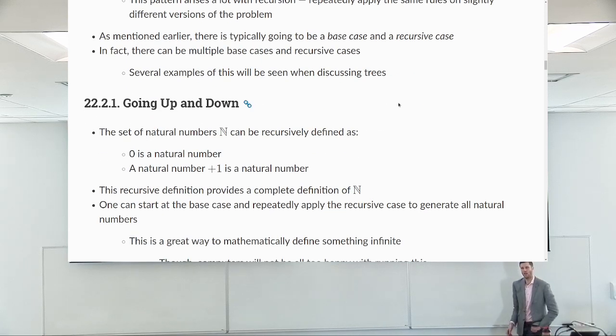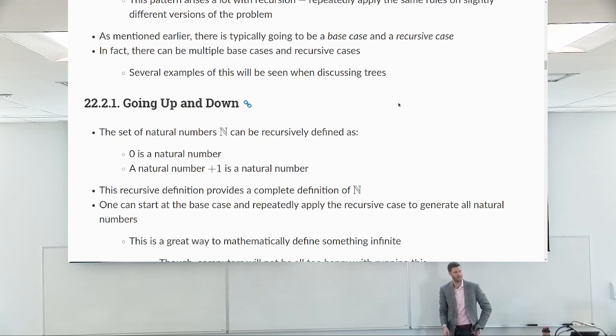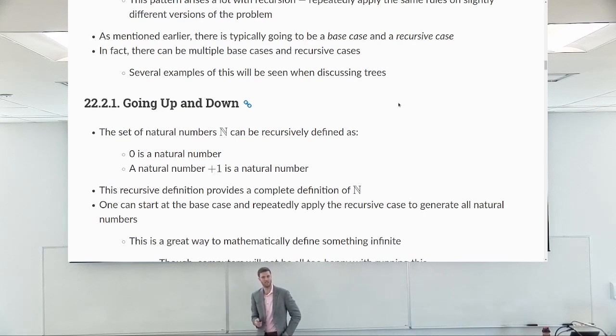The set of natural numbers can be defined recursively as: 0 is a natural number. Okay? You don't believe me? Tough. It is. Why? Because I said so right there. And then, a natural number plus 1 is a natural number.